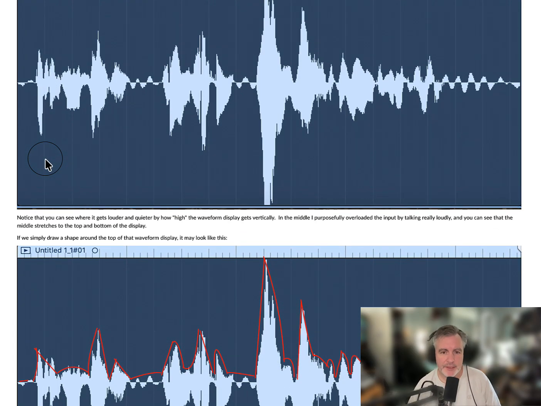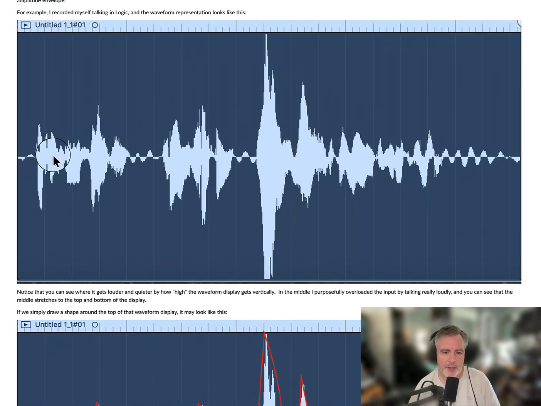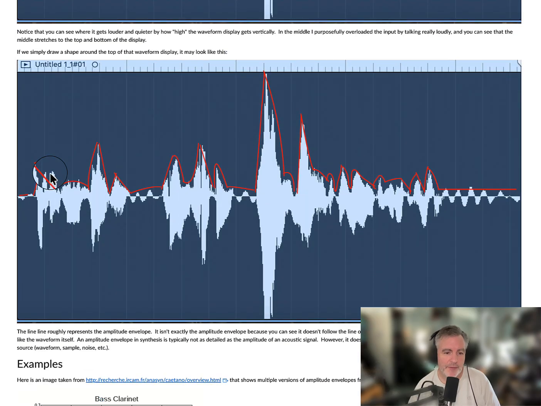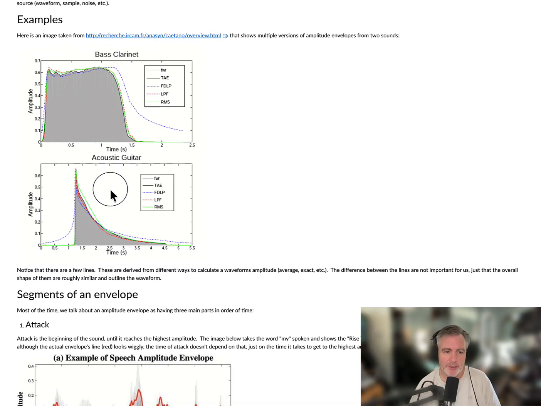But in synthesis and in making sounds, I might not want something quite so complex as the actual waveform, or even this kind of representation of the waveform. And in fact, here's a sustained sound. We start talking, in general terms, about what happens to the sound.